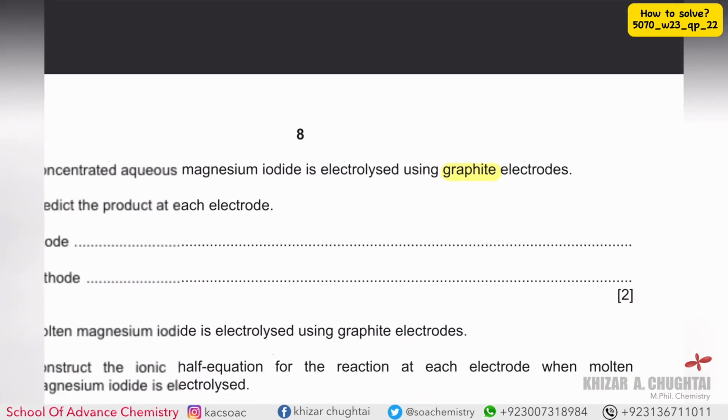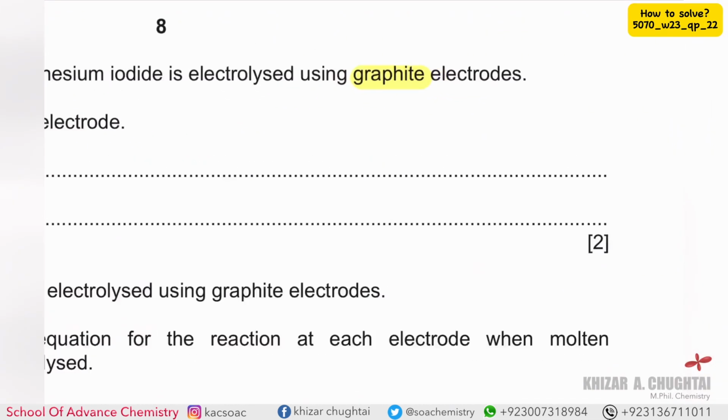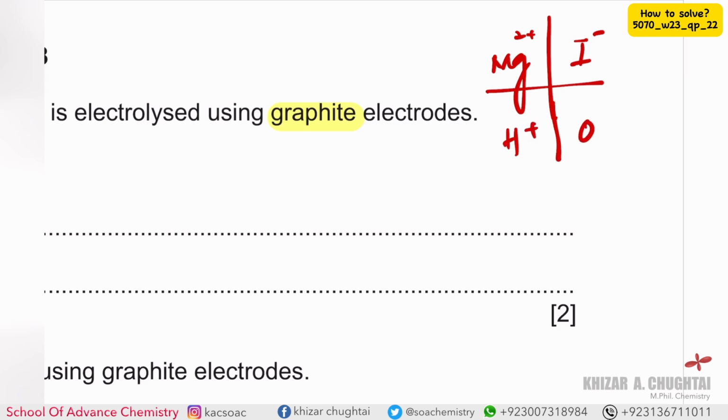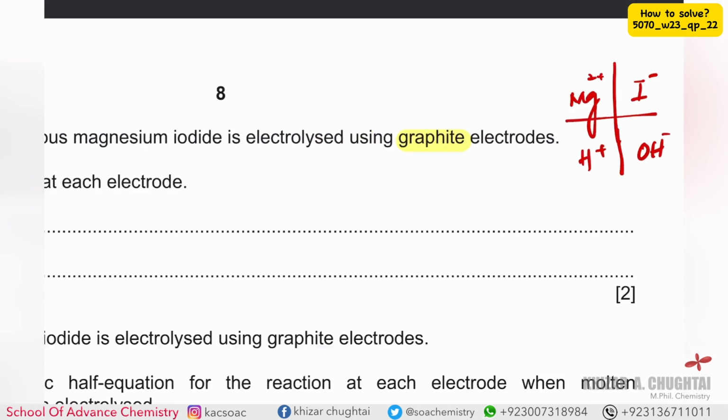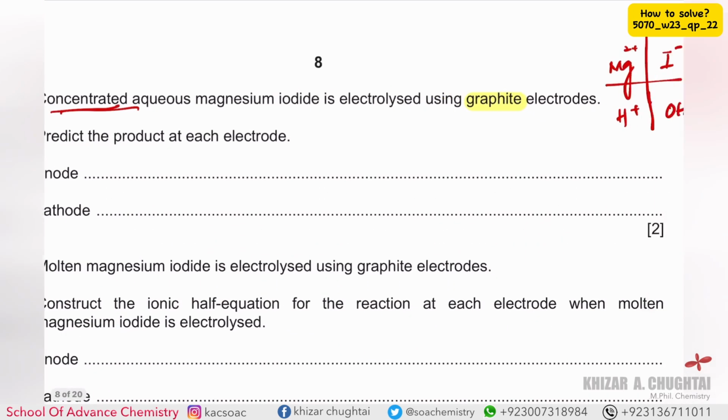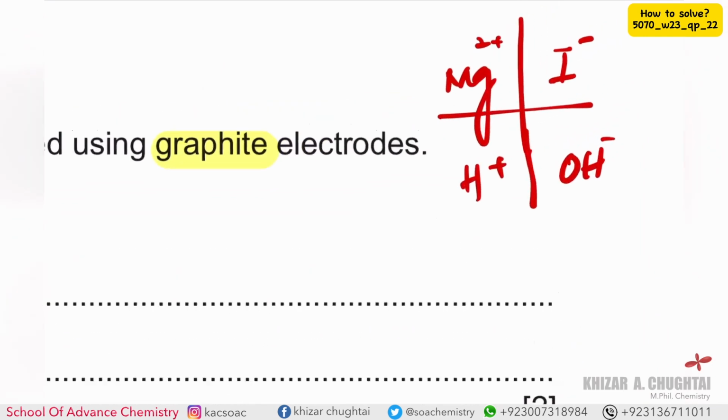Magnesium iodide: magnesium 2 positive, iodide I negative, H positive ion from water, and OH negative ion from water. But this is a concentrated solution, so definitely in this case, iodide ion will be the winner ion.